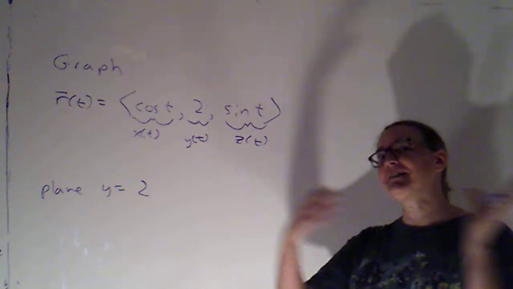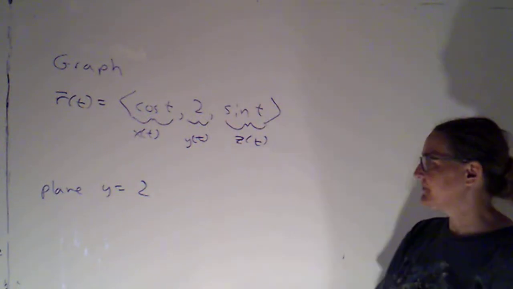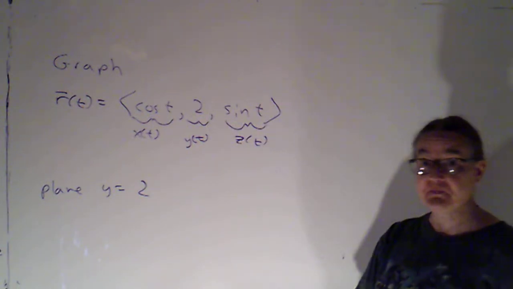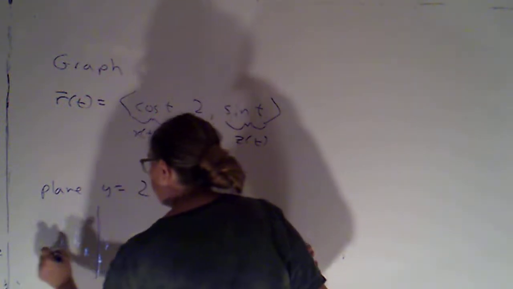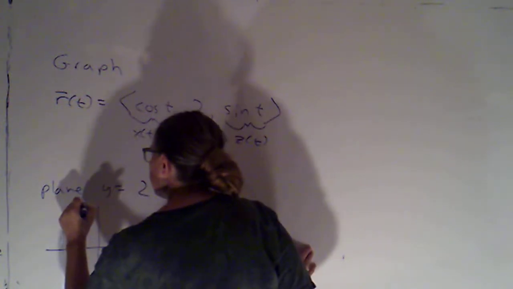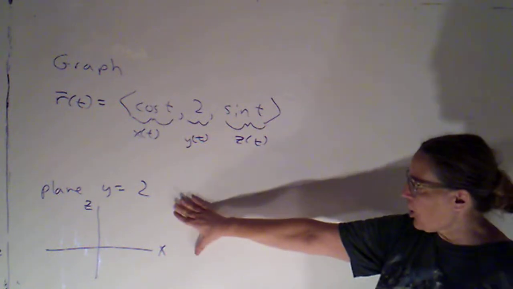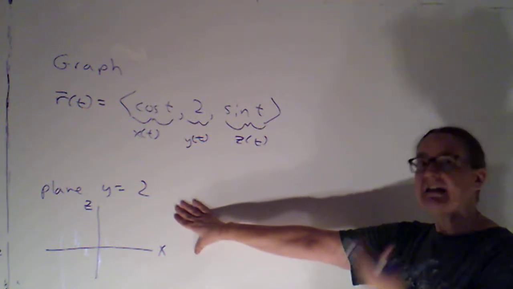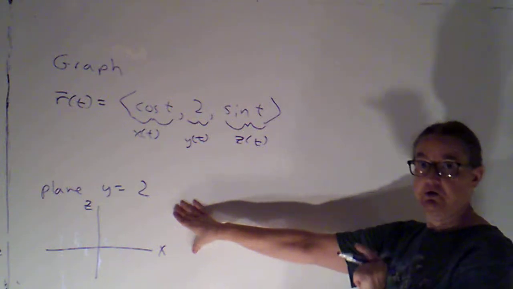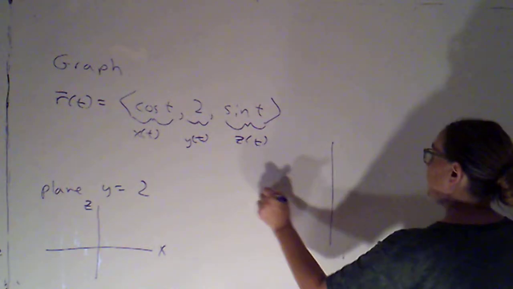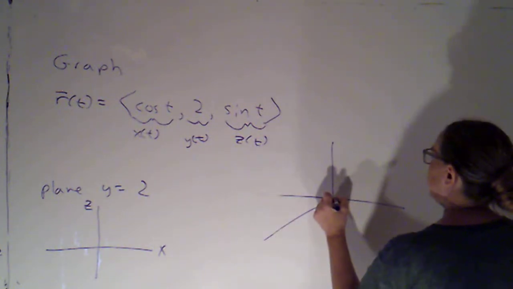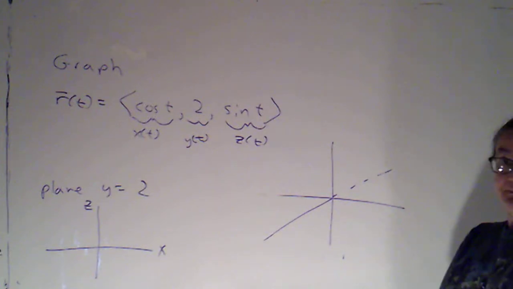It just lives in a different plane than the xy plane. It lives in the plane y equals 2. But I know that that's just parallel to the xz plane. So I'm going to start by drawing this curve in the plane y equals 2, and then we'll transfer our findings to actually graph that in 3 space.